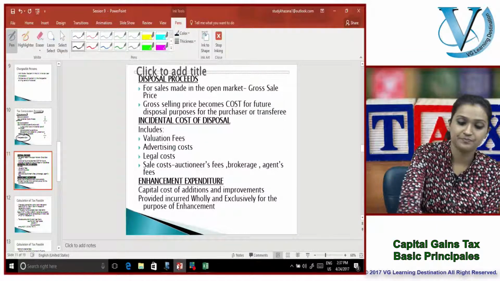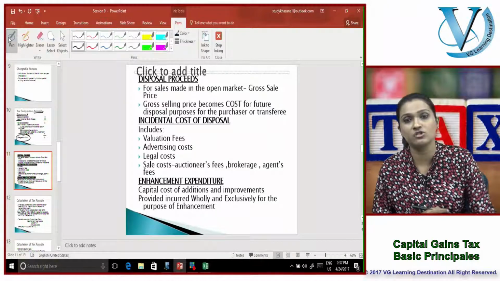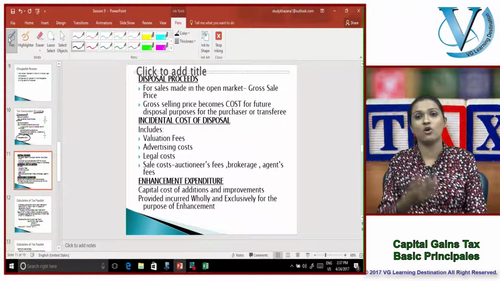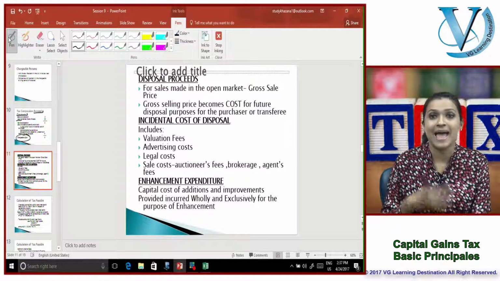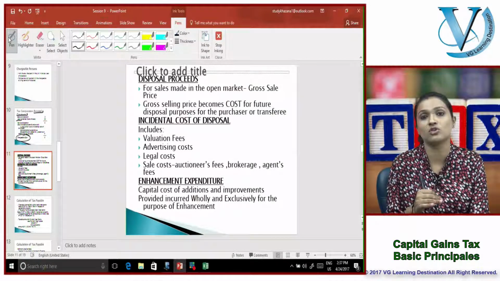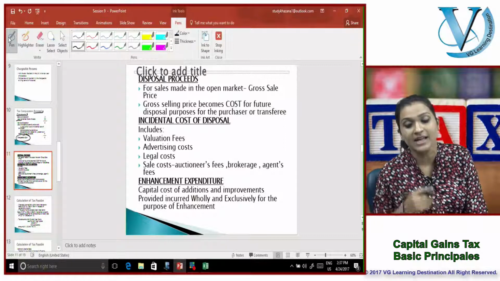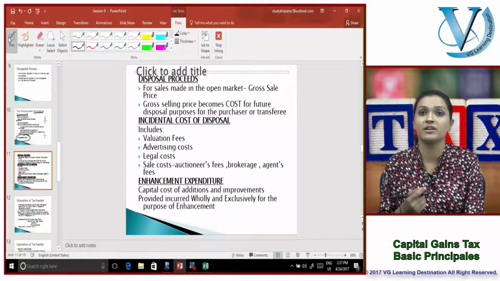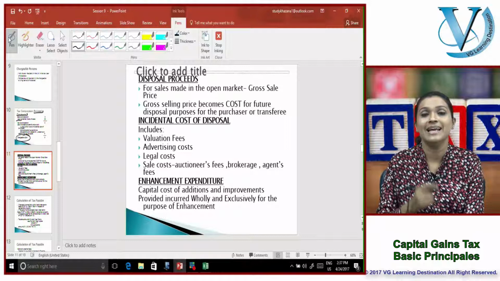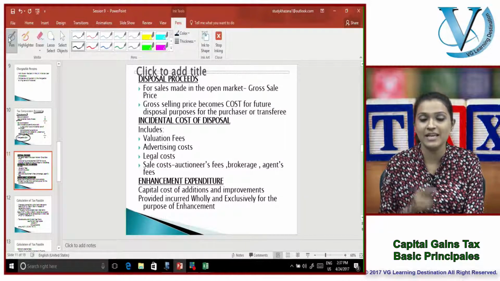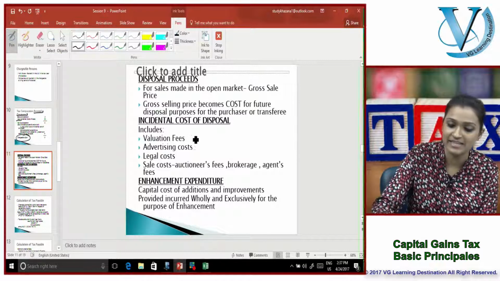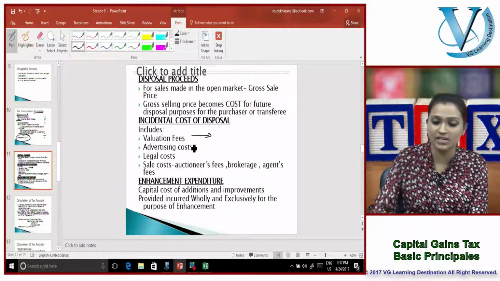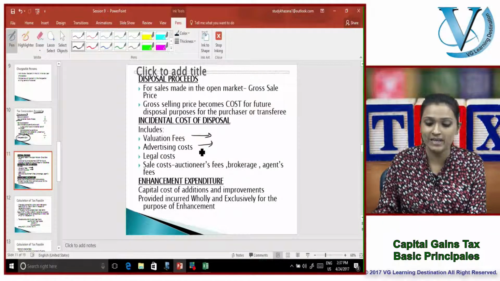What next? What about incidental cost of disposals? Remember, we had added on a few incidental costs in purchase costs and reduced the same incidental cost of purchase when we are calculating the disposal proceeds from the particular asset in order to calculate the net consideration of the asset. It includes what? Includes valuation fees. It includes advertising cost. It includes legal cost.